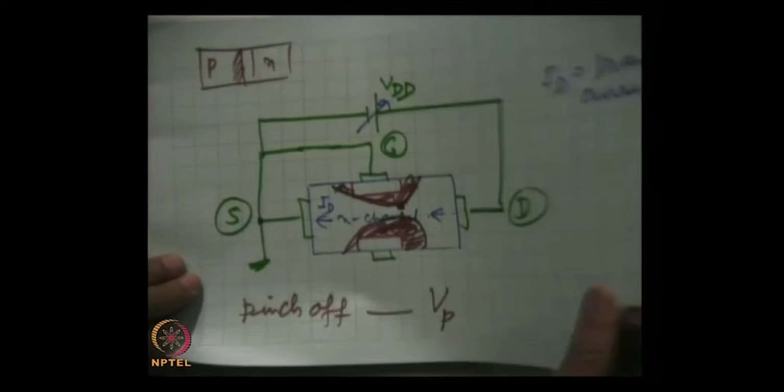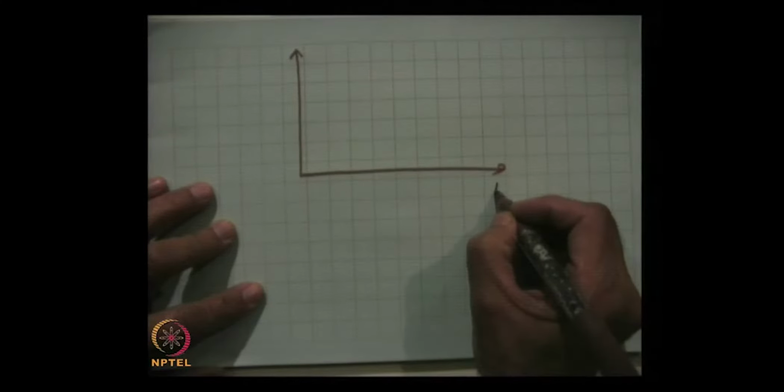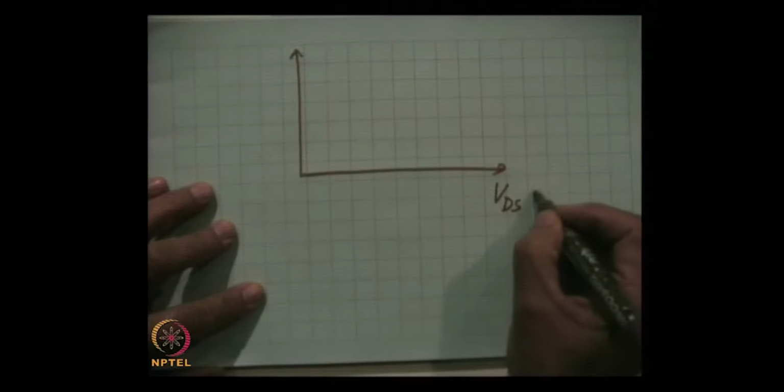Now, what I have said, if I plot the drain current as a function of drain source voltage, that is this plot. This is drain source voltage in volts and this is drain current.